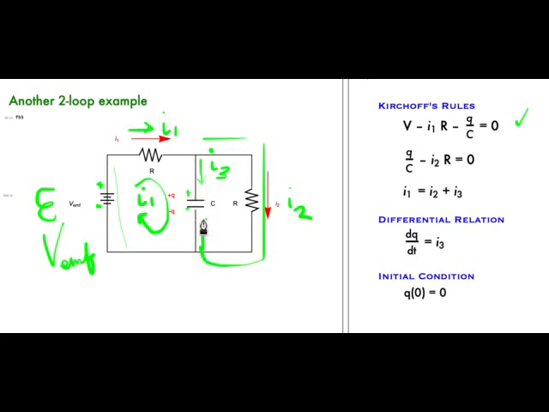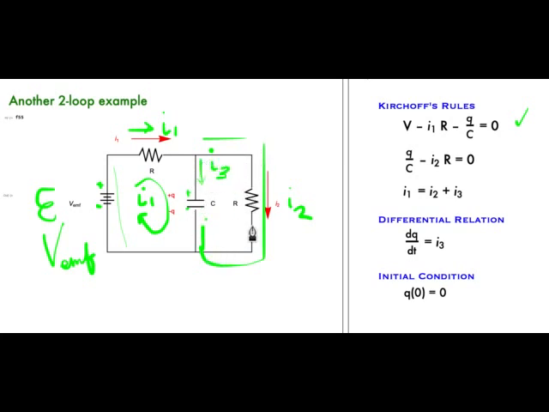Across the capacitor, the change in potential is plus Q over C. This time it's plus Q over C because it's the positive side minus the negative side. This is the high potential side, this is the low potential side, so the change in potential here is positive, going around the loop in the clockwise direction.